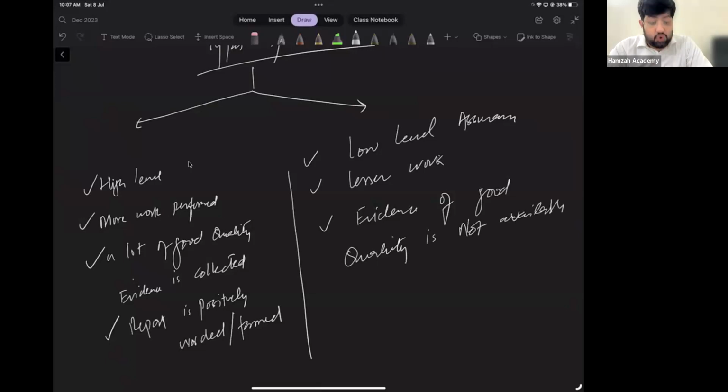Good quality means sometimes judgment is involved. Here there is more certainty. Sometimes you get exact information. Sometimes judgment is involved.